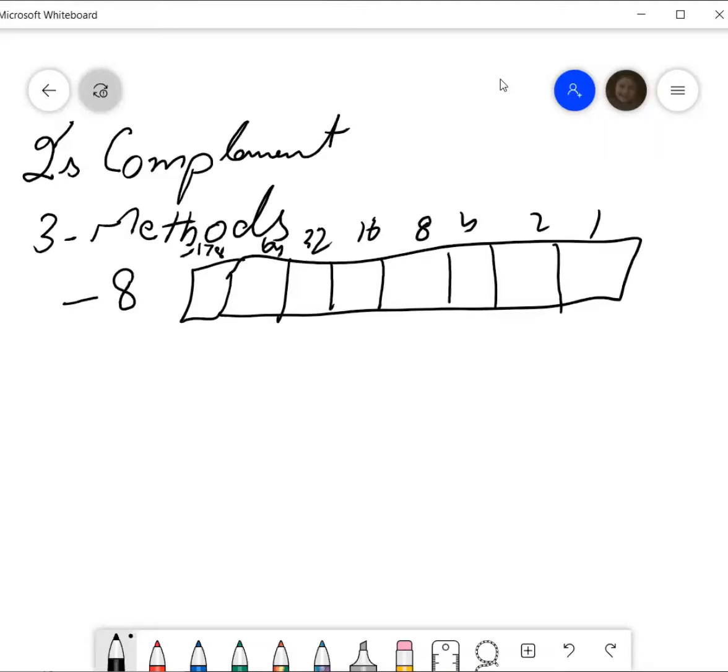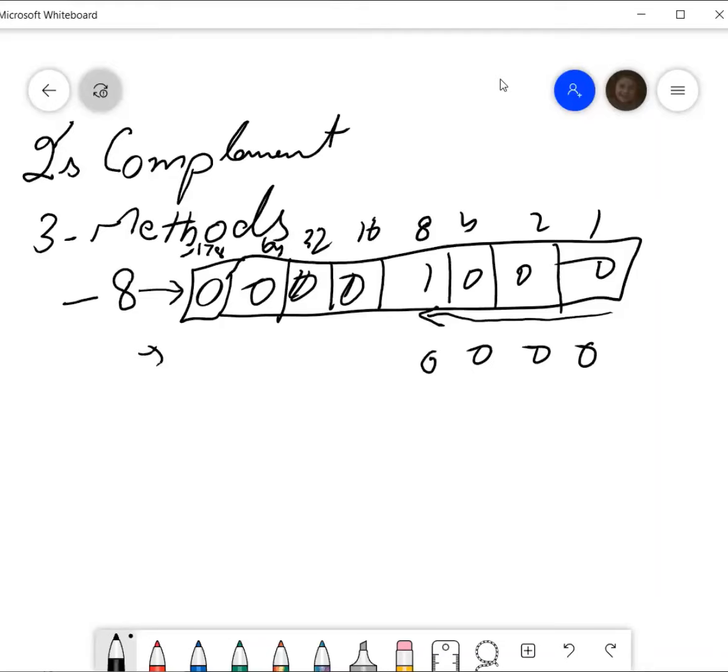First I find the representation of positive 8, and then flip everything after the first 1 from the right side. You bring down the first bits as they are and then flip. So this is -8, one method of doing it.